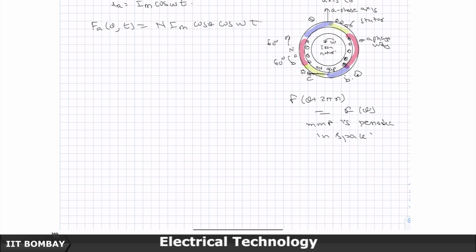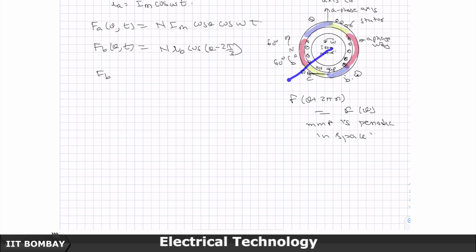So whatever happens in the B phase is NIB cos of theta minus 2 pi by 3, because when you have traversed 2 pi by 3 angle, you will hit the axis of the B phase.